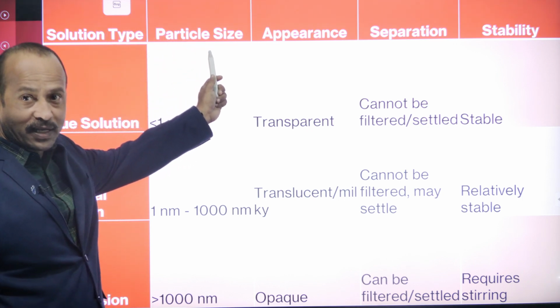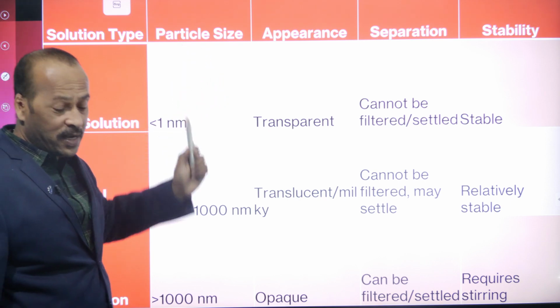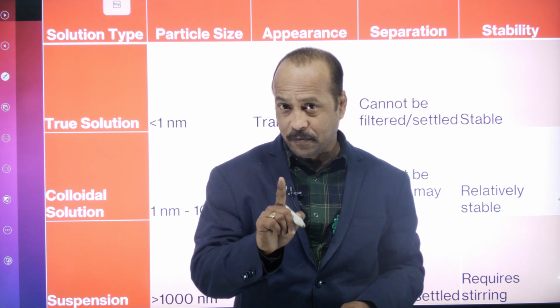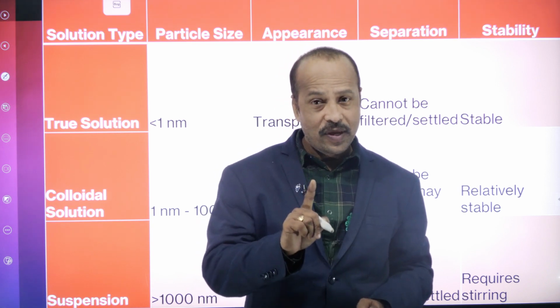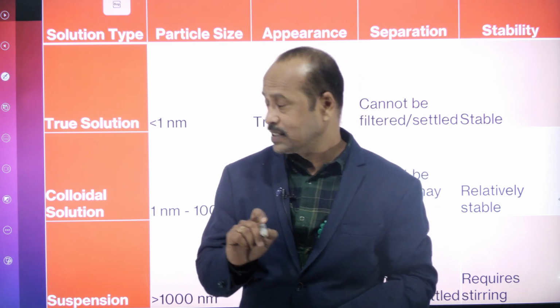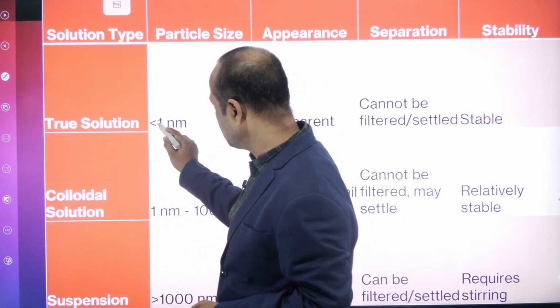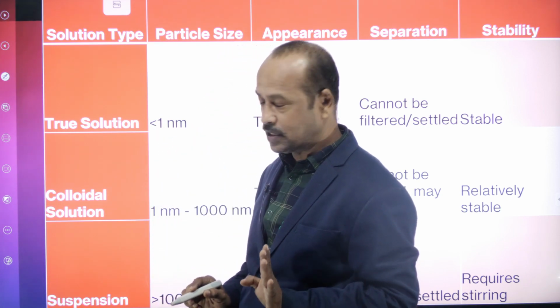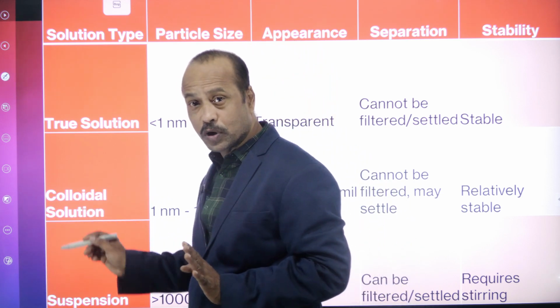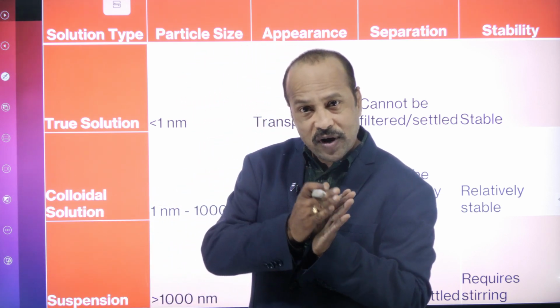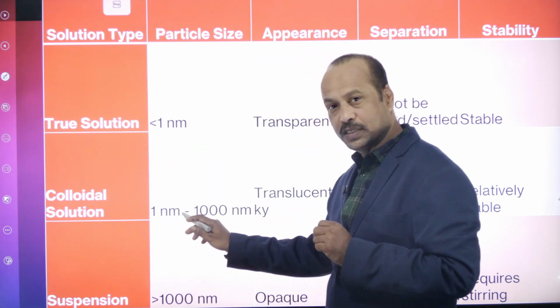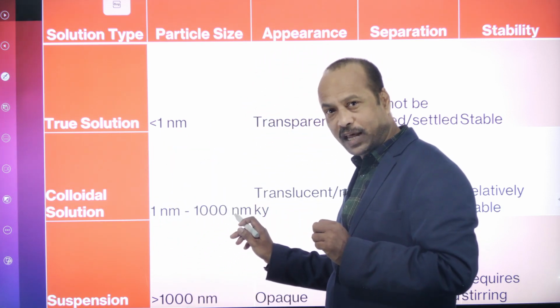The particle size in true solutions is less than 1 nanometer, that is, less than 10 to the power of minus 9 meters. NM stands for nanometer. Colloidal solutions have a size range from 1 to 1000 nanometers.